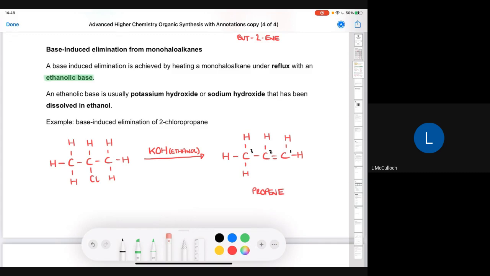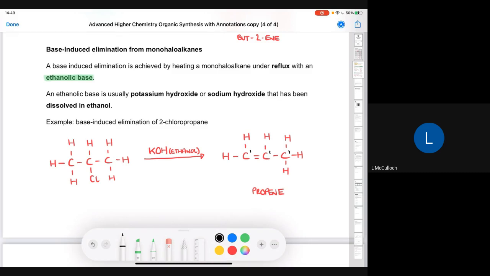If you put your double bond on the other carbon, so let's say we put our double bond in here instead, when we number our carbons, it'll be 1, 2, and 3. So no matter which way you do it, your double bond's always going to be on carbon number 1, which means you're always going to have prop-1-ene. And because there's no such thing as prop-2-ene, we just say propene. We don't actually have to say prop-1-ene because there's no other possibility.